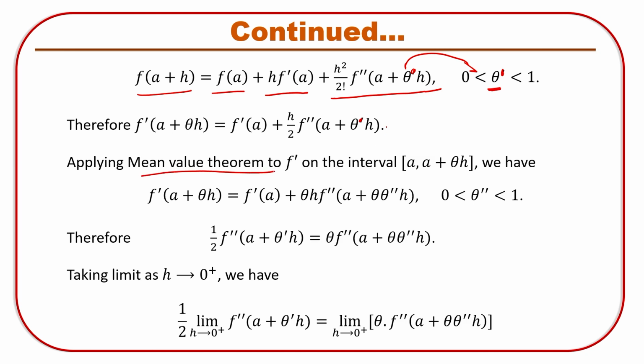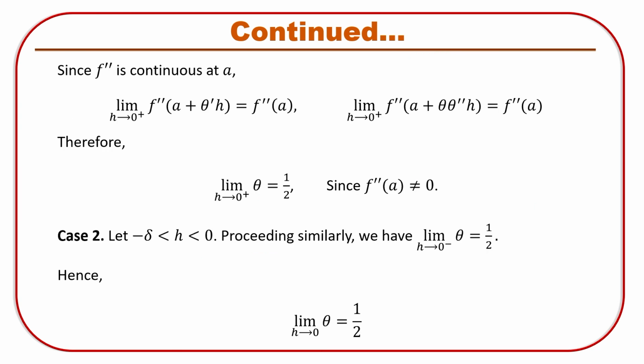Applying mean value theorem to f dash on the interval a to a plus theta h, we have f dash of (a plus theta h) is equal to f dash of a plus theta into h f double dash (a plus theta h), with theta double dash from 0 to 1, and therefore half of f double dash (a plus theta dash h) is equal to this. Taking this limit, as f double dash is continuous at a, you will get the required answer, that is 1 by 2.